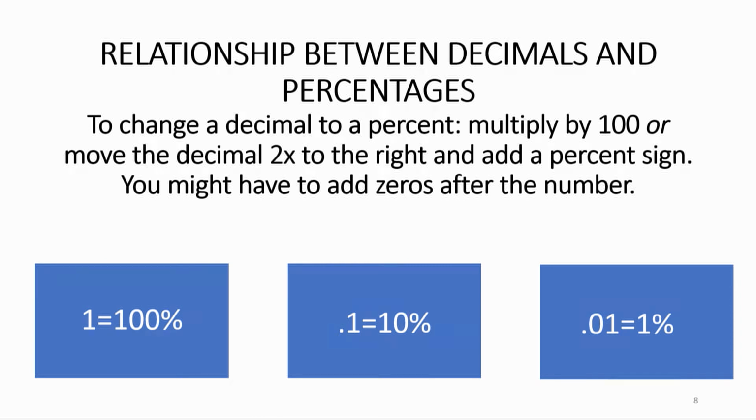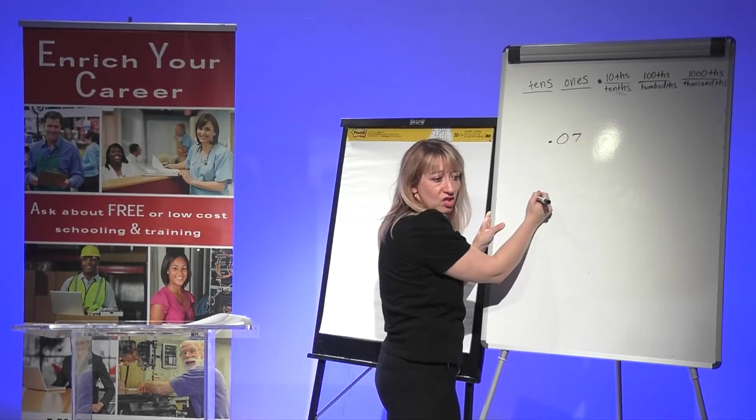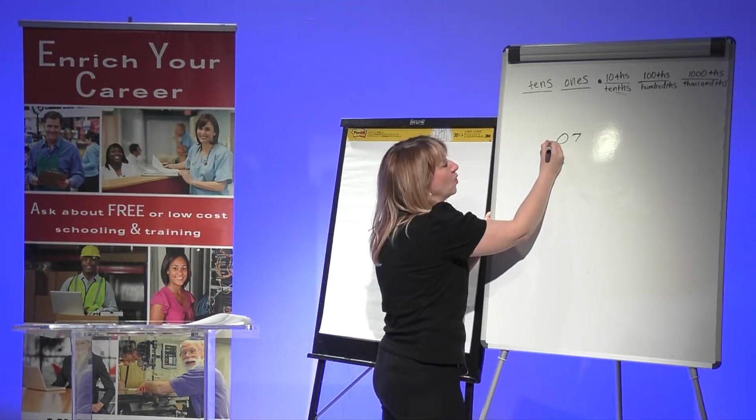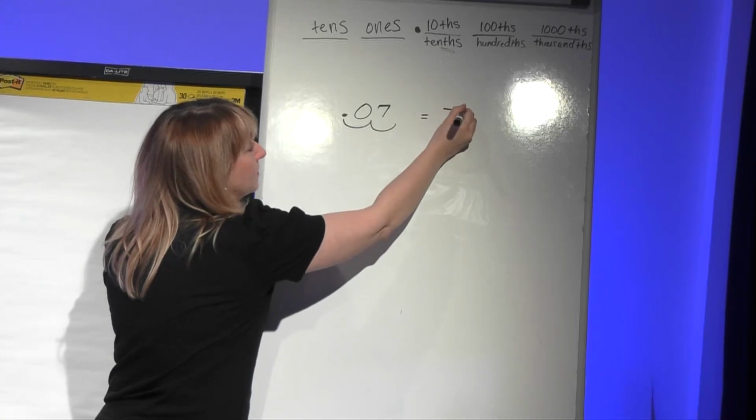Percentages are always out of 100, and 100 has 2 zeros in it. So just remember that 100 has 2 zeros, which means if you're going from decimal to percent, you're going to the right. So if you have 0.07 and they want you to change it to a percentage, you move that decimal 2 spots to the right, and that gives you 7%.